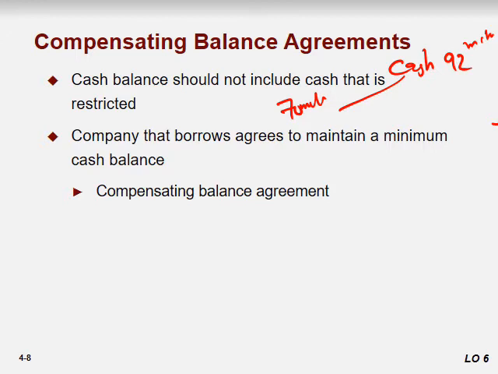So the 70 million they can ask from the bank to give on your behalf. So it means from this 90 to 70 million you cannot use this. It means that is not liquid, that cannot be reused. Okay, it means that is restricted.